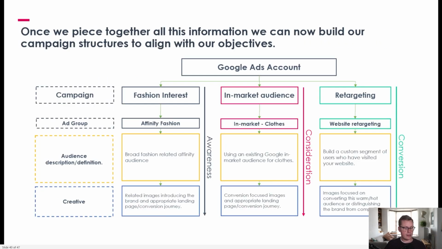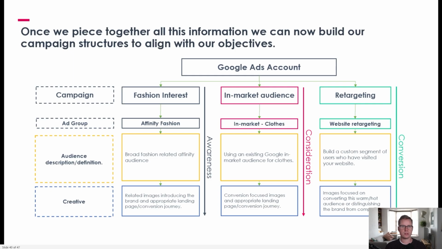Lastly, with display, because it has the ability to run full funnel and we want to maintain that control, I highly recommend one campaign, one ad group, one audience with appropriate images and go from there. Similarly to any of the other campaigns you're running, if you're running an awareness focused campaign, you're using broader audience usually.